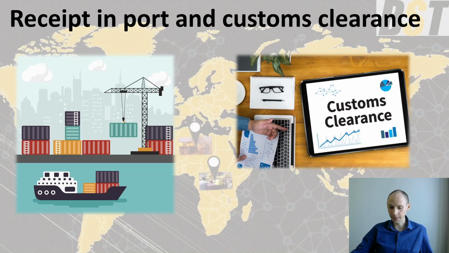So I think that this step is very clear now. And actually, when you provide this first set of documents to the port in order to release the container, it is actually the first stage of customs clearance.